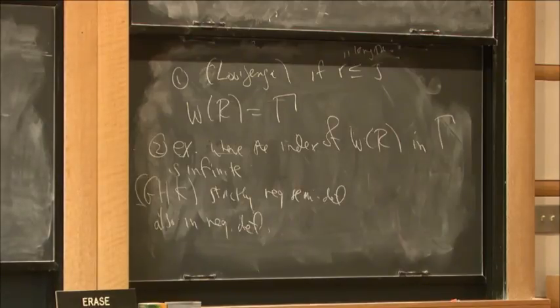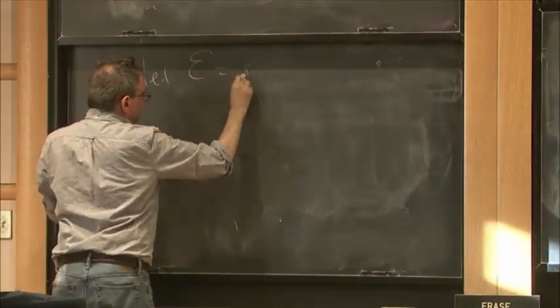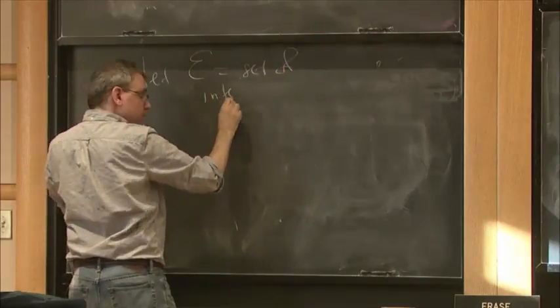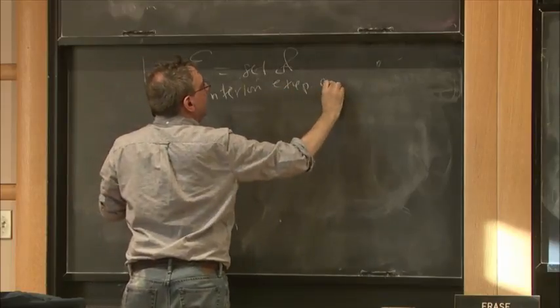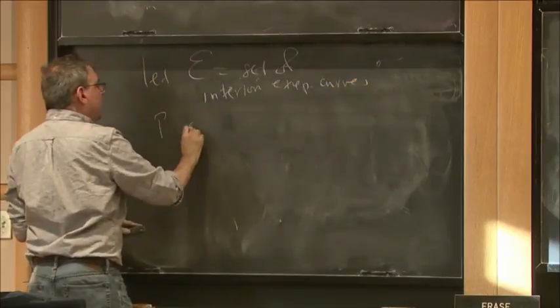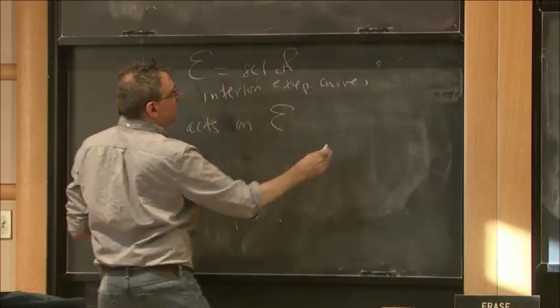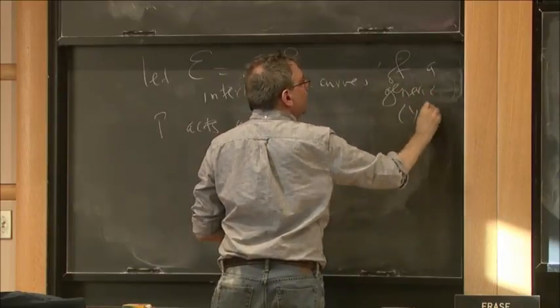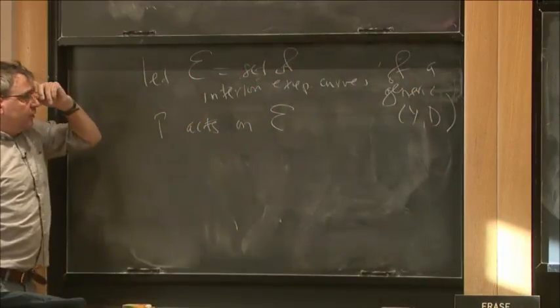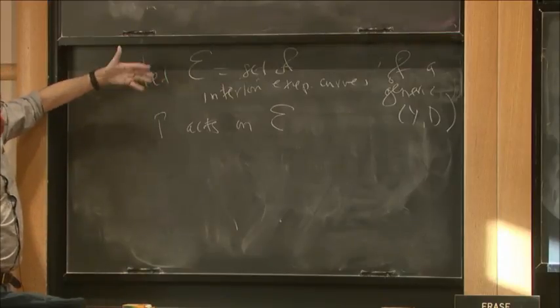Okay. And the last thing I want to mention, to give some sense of the size of gamma, is this. Let E be the set of interior exceptional curves. Then gamma acts as symmetries of the generic ample cone, and the walls are just these.